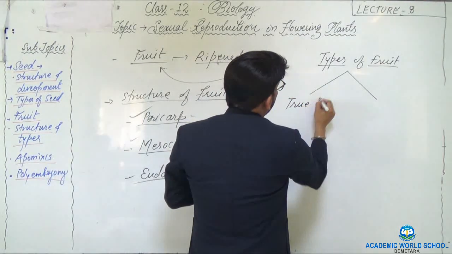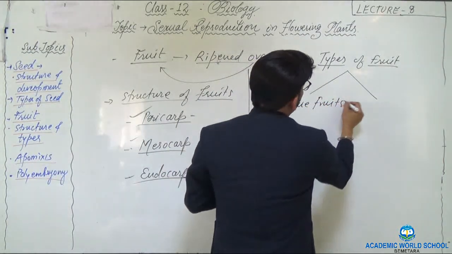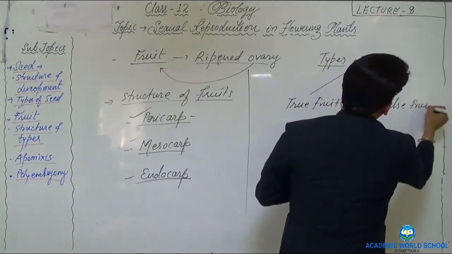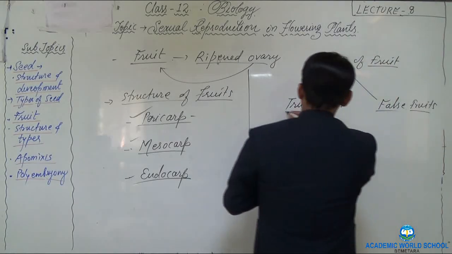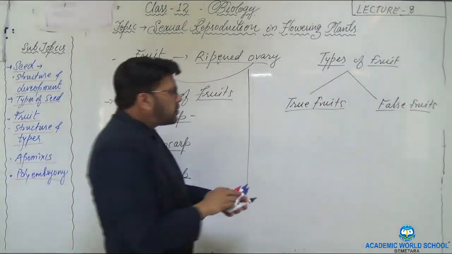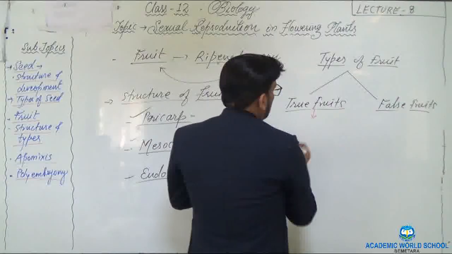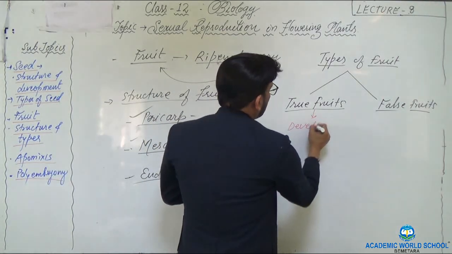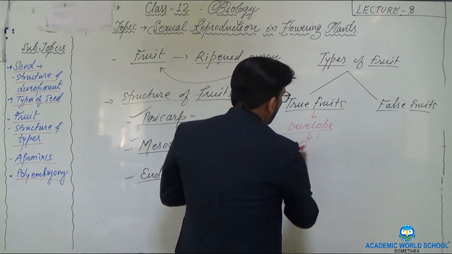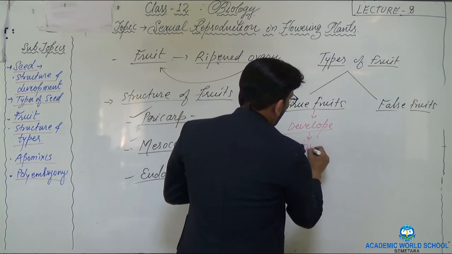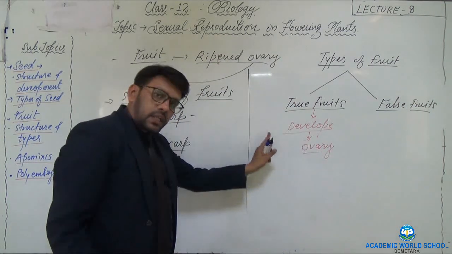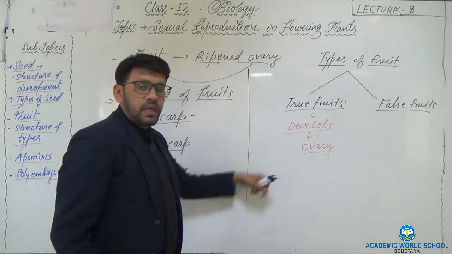One is the true fruits and the other one is the false fruits. Now what do true fruits mean? True fruits are those fruits which develop from the ovary.